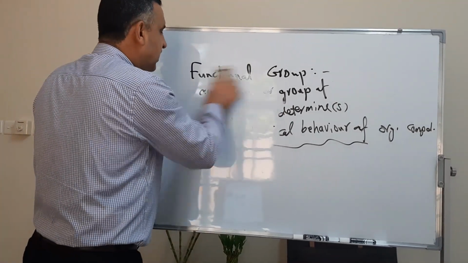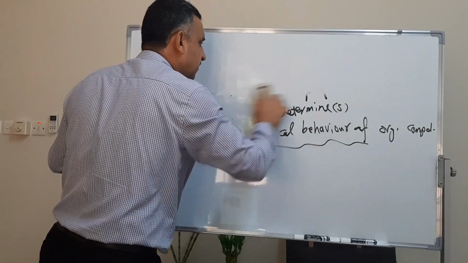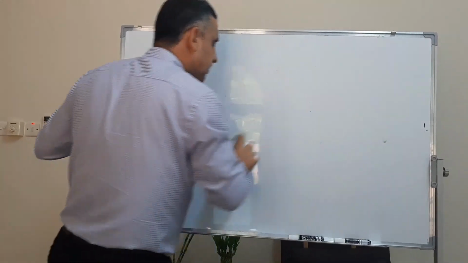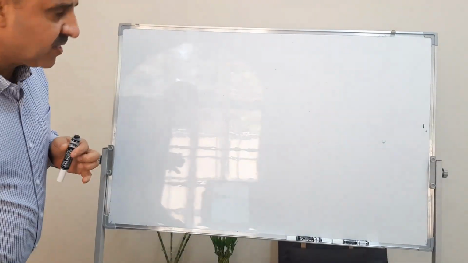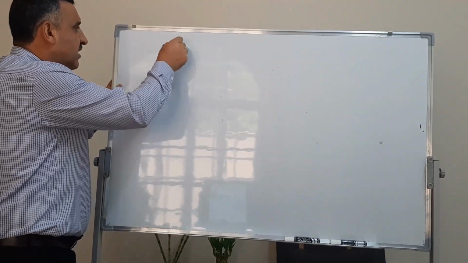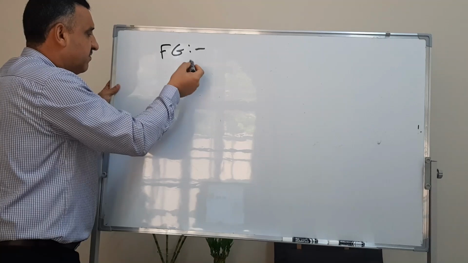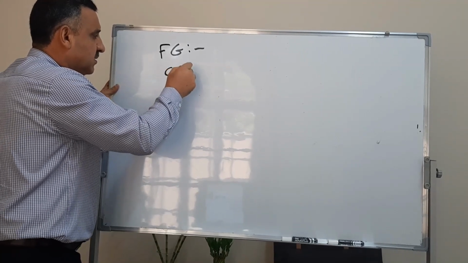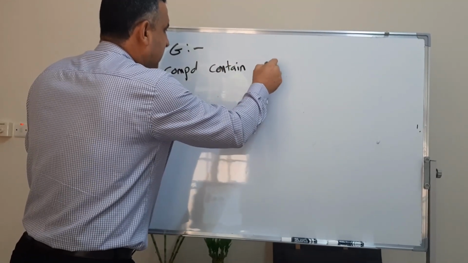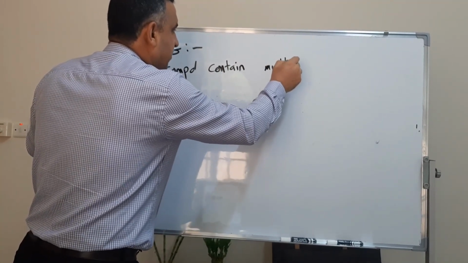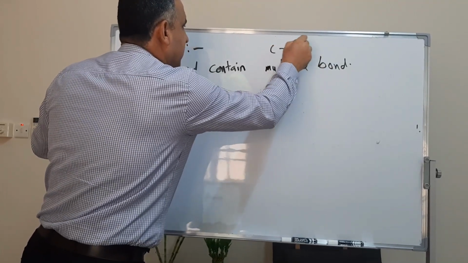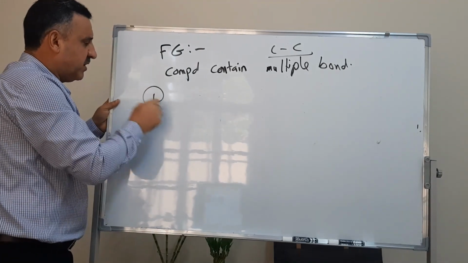So let's start with functional groups containing multiple bonds, or simply carbon double bond or triple bond carbons. As you may have learned in school, first, compounds containing carbon-carbon multiple bonds. So the first one is alkene.